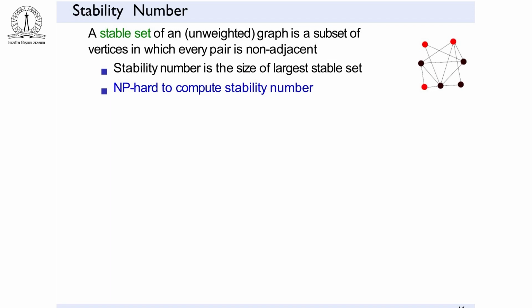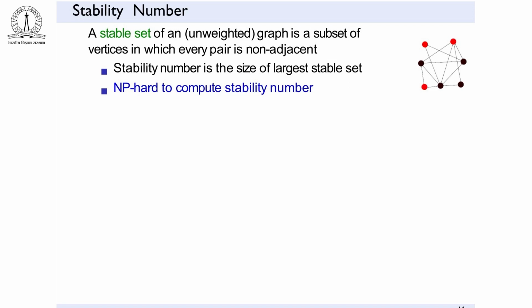Okay. The last graph invariant, and then we'll get back to our applications. Last convex graph invariant: something called the stability number of a graph. A stable set of an unweighted graph is a subset of vertices such that every pair of vertices in the subset is non-adjacent.